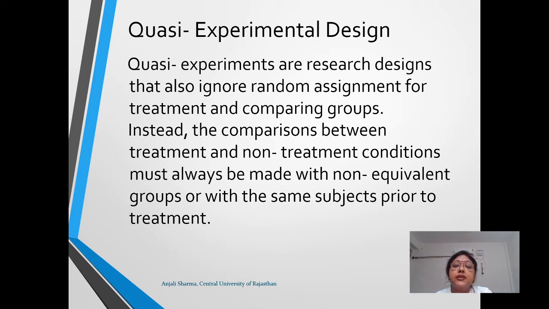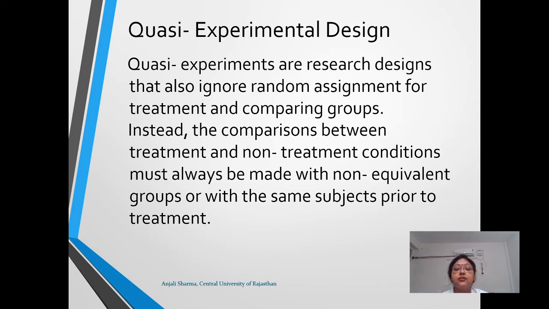The quasi experimental designs are research designs that also ignore random assignment, because being non-experimental, we are going to leave the random assignment of the units to the treatment and the comparison group. Instead, the comparison between the treatment and the non-treatment conditions must always be made with a non-equivalent group or with the same subjects prior to the treatment.